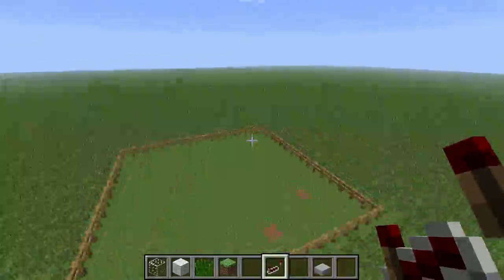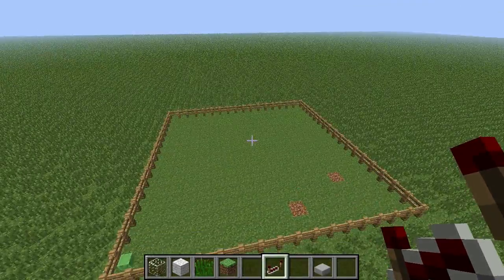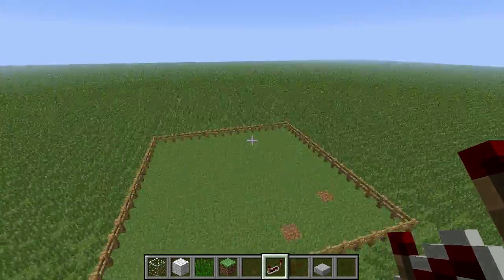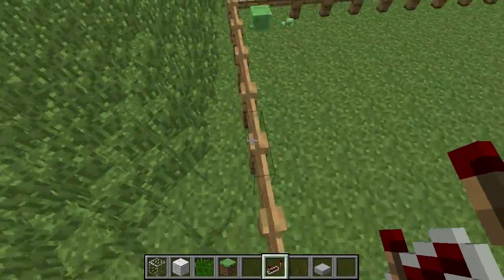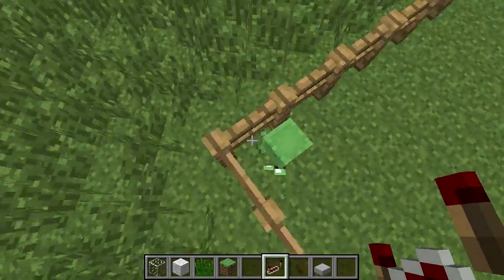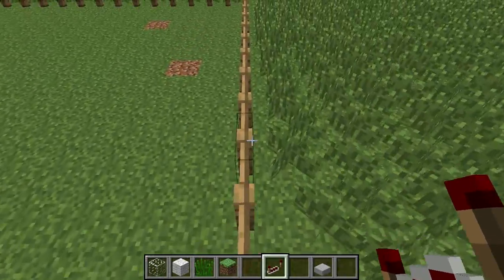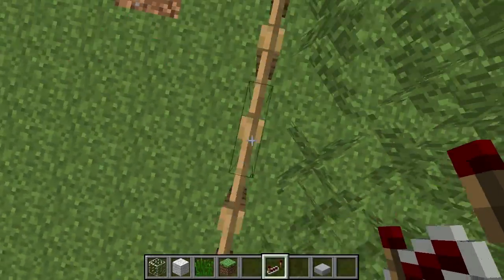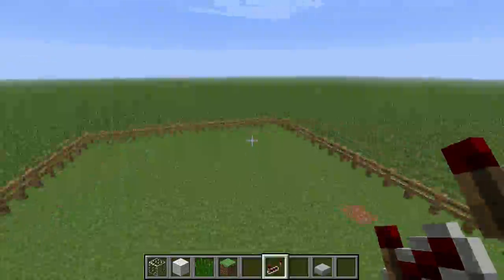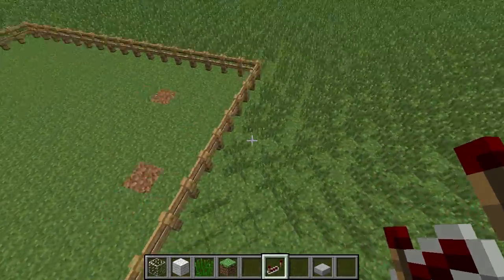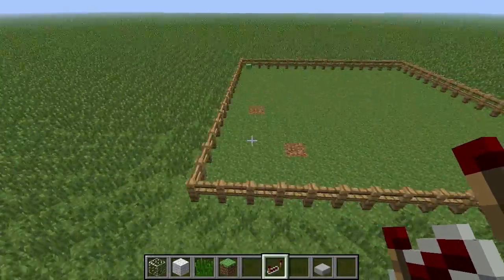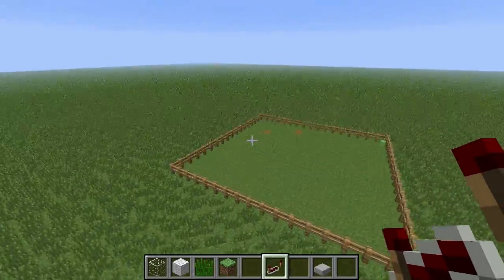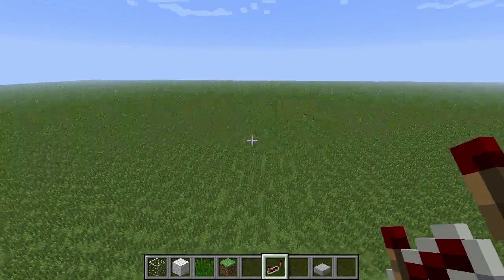Instead of having a chunk with tall grass, I have tall grass in every single block outside the chunk. This fence here is actually outside the chunk, so this is one chunk, and this is another chunk. So this is 16 by 16. So this is the opposite test, and I'm getting very few spawns here, and that is because of the tall grass.